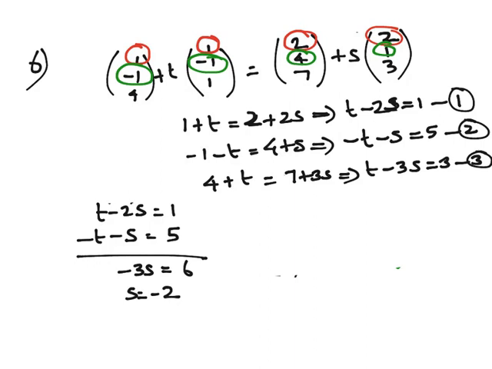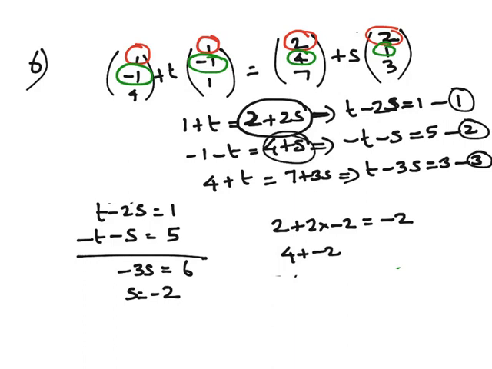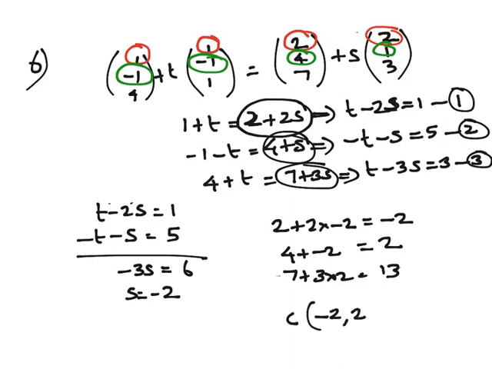How do you find it? Substitute s here. That is the x coordinate. So 2 plus 2 into minus 2, which is minus 2. Next is 4 plus minus 2, so that means 2. And the third one is 7 plus 3s, so 7 plus 3 into 2, so 13. So the coordinates of C are (-2, 2, 13).